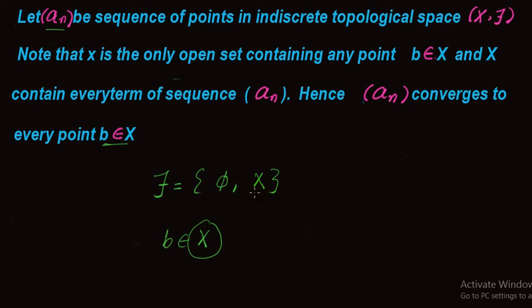The reason is this topological space is the trivial topological space, and in a trivial or indiscrete topological space, X is the only open set, and this open set contains all the terms of this sequence an.